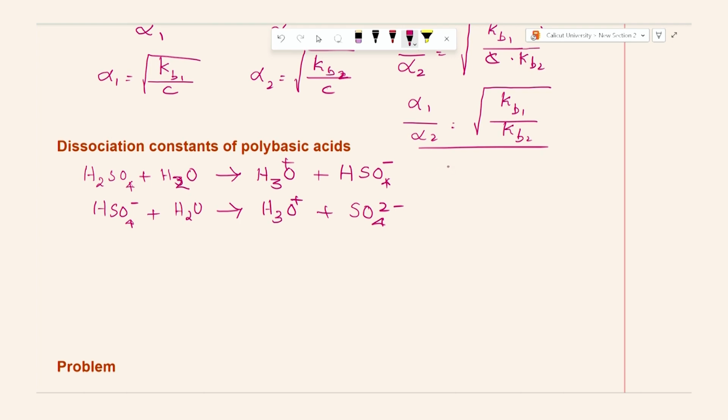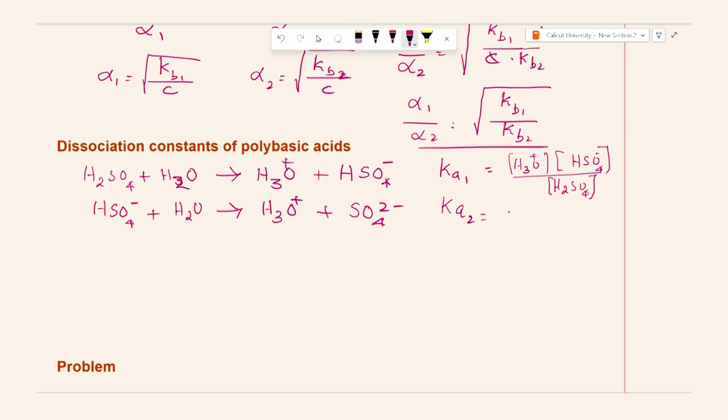So, let this be Ka1, that is for the first ionization, and let this be for the second ionization, Ka2. In the case of Ka1, the expression will be concentration of H3O plus multiplied by concentration of HSO4 minus, whole divided by concentration of H2SO4, water being present in excess.